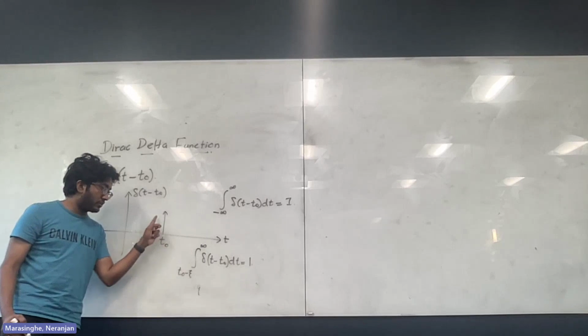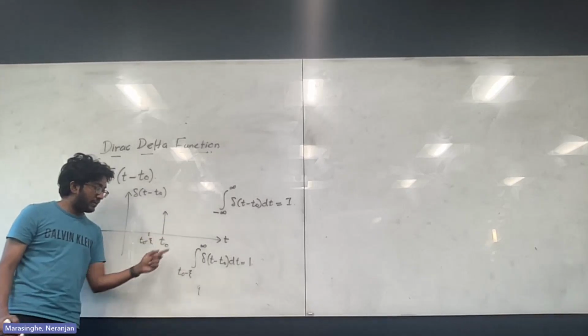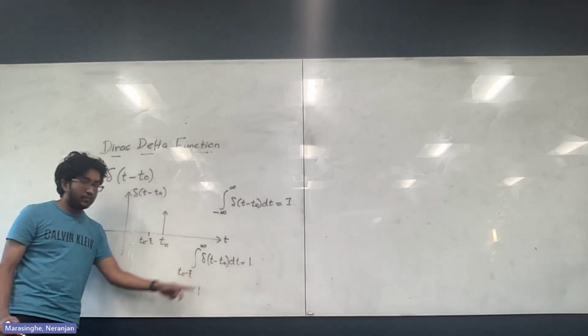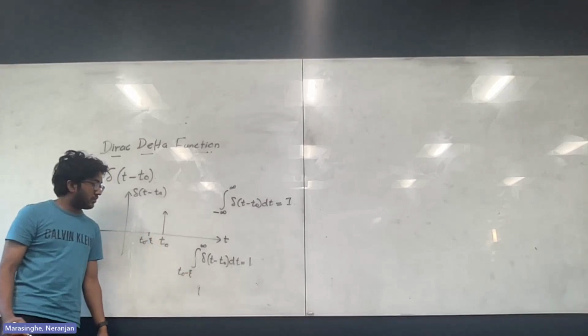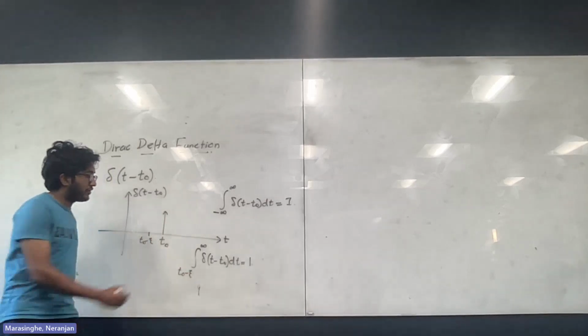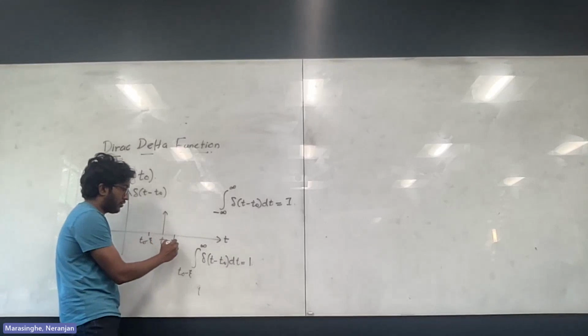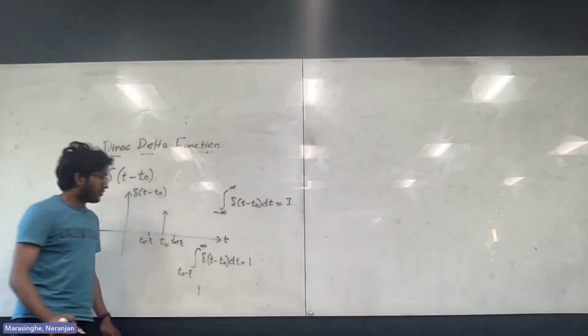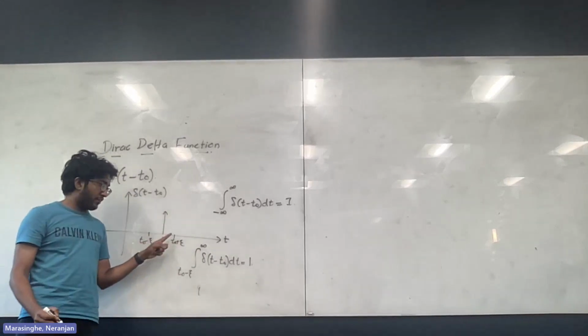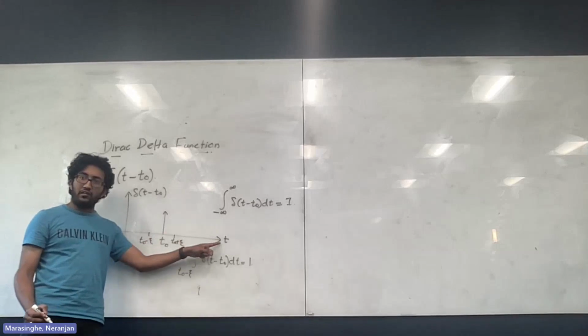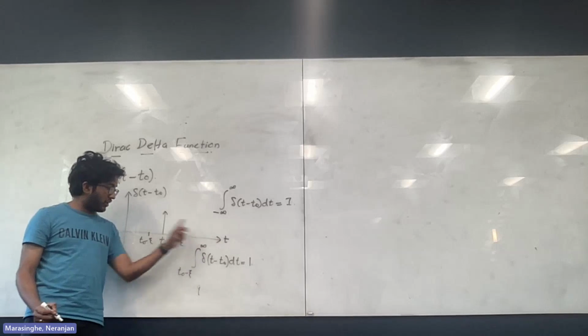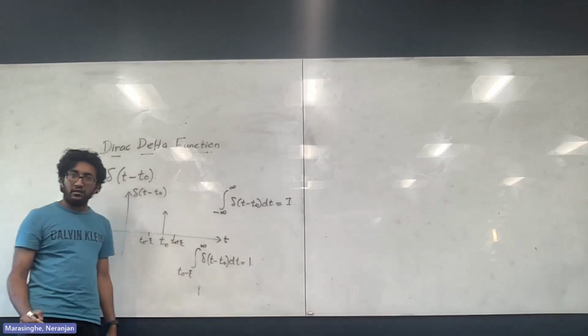Then this spike belongs to my region of integration. So as a result of that, it would be 1, right? So for example, suppose you start the integration at this point, t naught plus epsilon. What would happen if you integrate the delta function from t naught plus epsilon to infinity? You would get 0, right? Because you are not going through the spike, right?